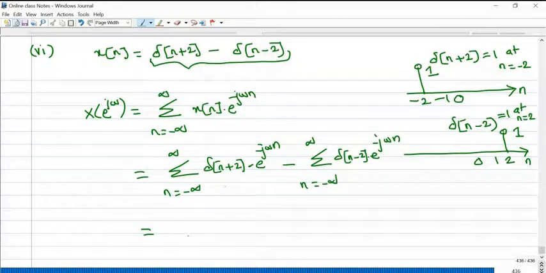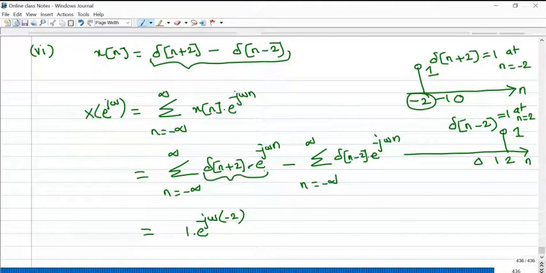Delta of n plus 2 equals 1 at n equal to minus 2. So in e power minus j omega n, n is replaced by minus 2. This product is non-zero exactly at n equal to minus 2, even though in the formula n runs from minus infinity to infinity.